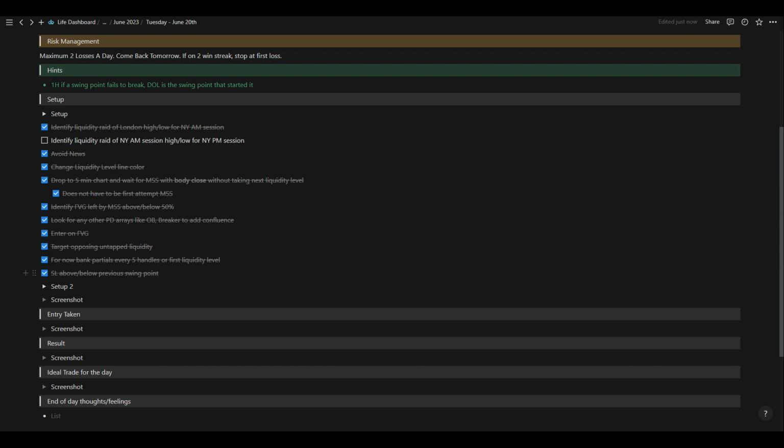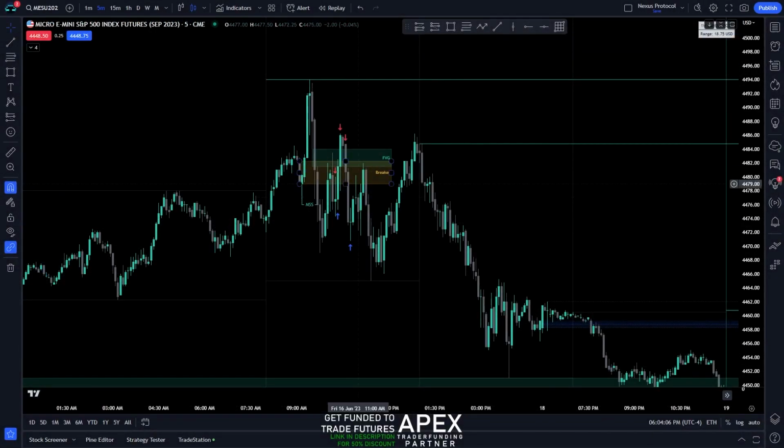It was one of those moments where I'm still telling myself over and over again, trust the model, trust the model. Actually, hold on. I didn't switch the screen for you guys. Okay, here. So here's my executions. The first one was a loss, and then I bought 2 contracts in and came down. But yeah, I bought and then sold it. Just a little bit of drawdown, like a quarter tick.